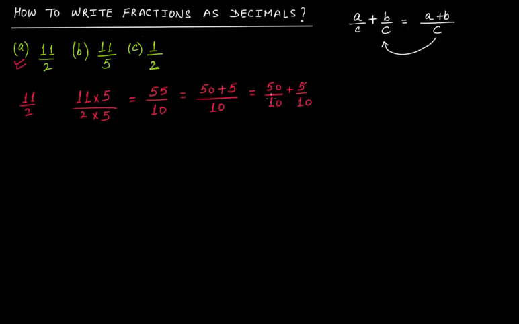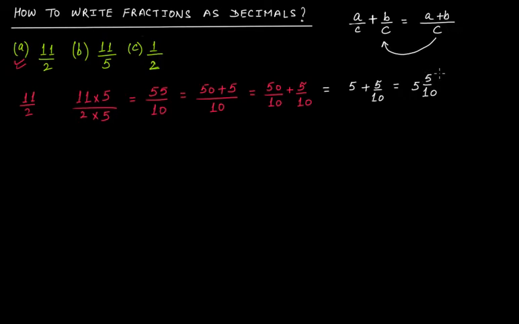Now, 50 over 10 means what? This will be 5 plus 5 over 10. Clearly, this can be written as 5 whole number and 5 over 10. This is actually a mixed fraction representation.